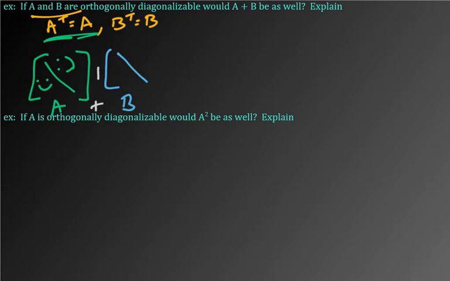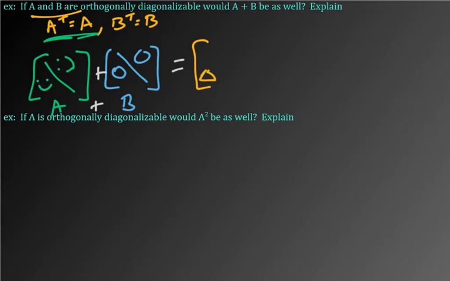Just based on how you add matrices, you would add a thing here and a thing here, component-wise, in each spot. So it's not hard to see that if you add two symmetric matrices, the result should also be symmetric.